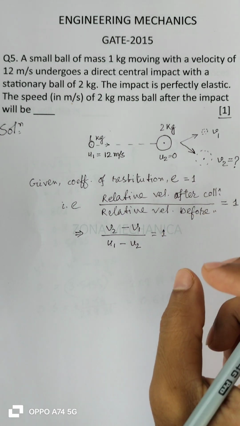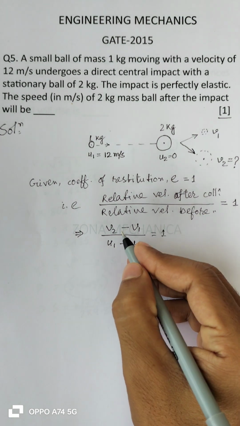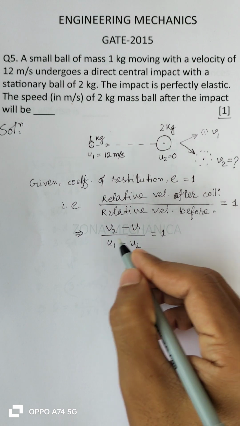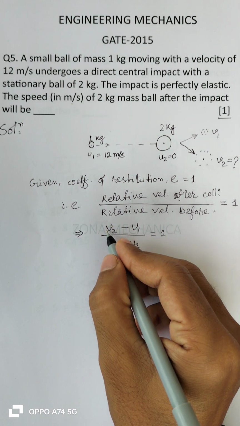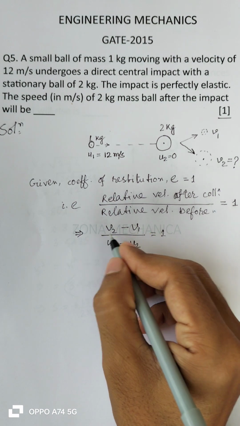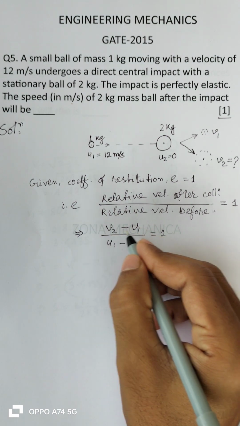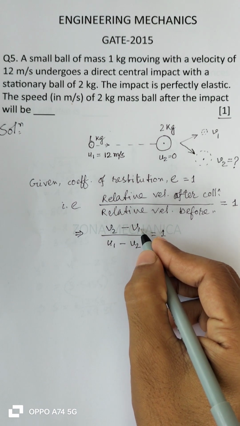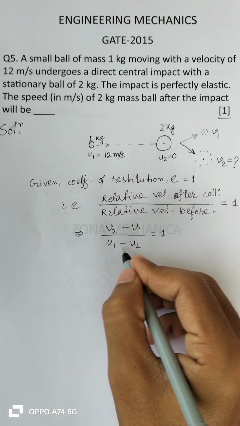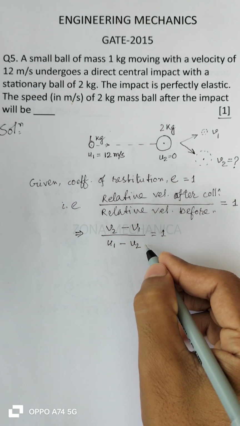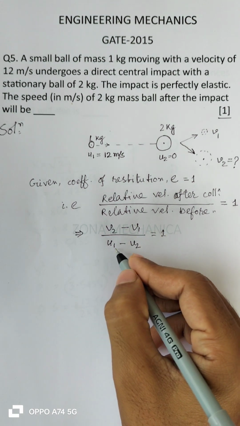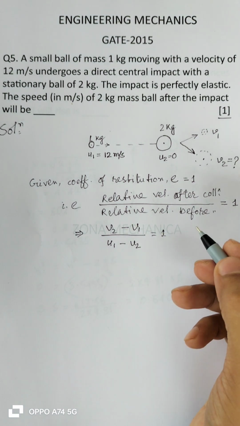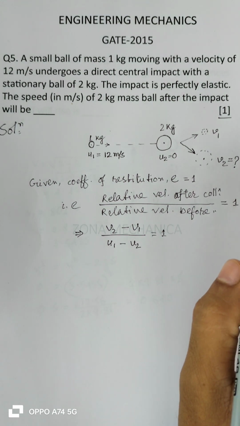If you get any confusion between this v1, v2, u1, u2, then just remember that if you take the upper side v1 minus v2 in this order, then just take in reverse order u2 minus u1, or v2 minus v1 then u1 minus u2. In either case, the result will be the same.